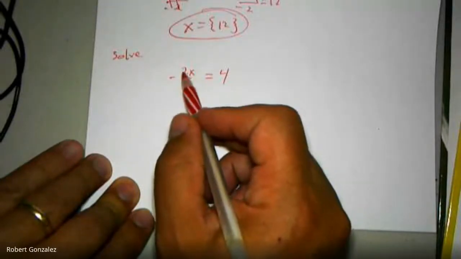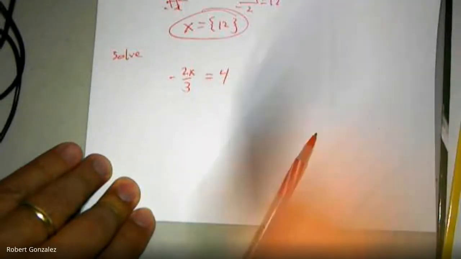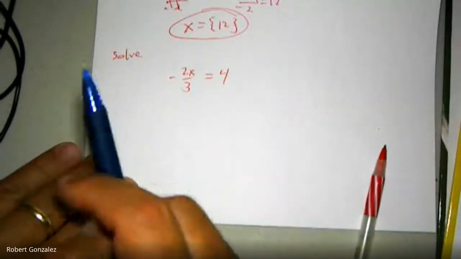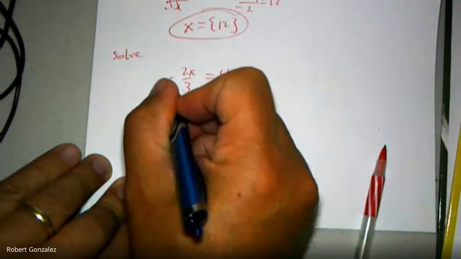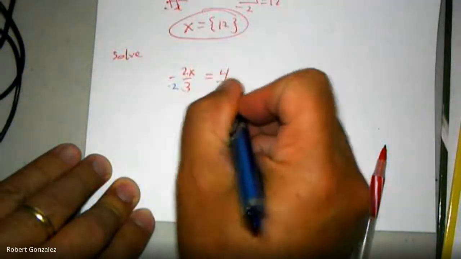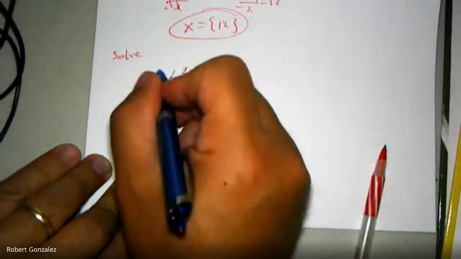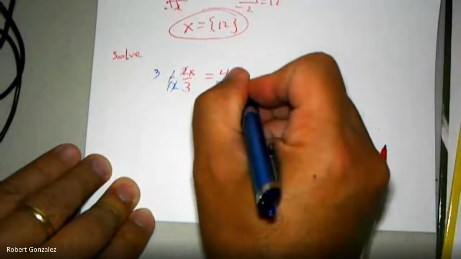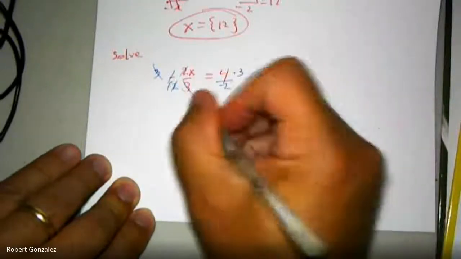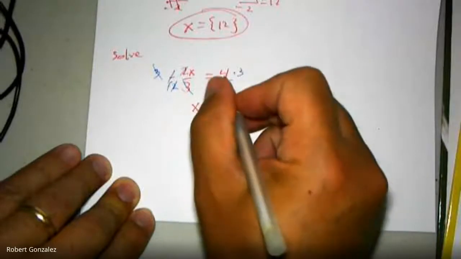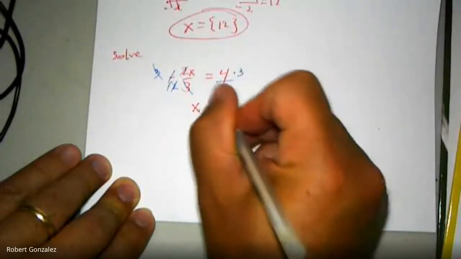This guy's got a -2, a 3, all this stuff. Here's what you do. To get rid of whatever's on top, you need to put it on the bottom. And put it on the bottom over here. Whatever's on the bottom, you have to put it on top. And put it on top over here. Whoop. Now x is by itself. We have 12 over -2, which is -6.